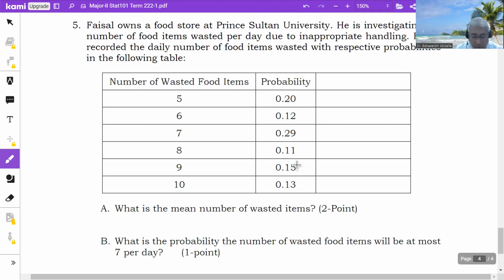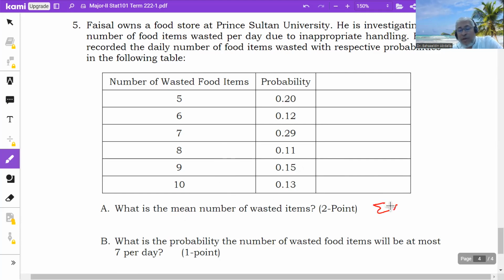0.2 plus 0.12 plus 0.29 plus 0.11 plus 0.15 plus 0.13. The answer is 1. Good. What is the mean number of wasted items? Well, to find the expected number, or the mean is defined to be summation x times probability of x.